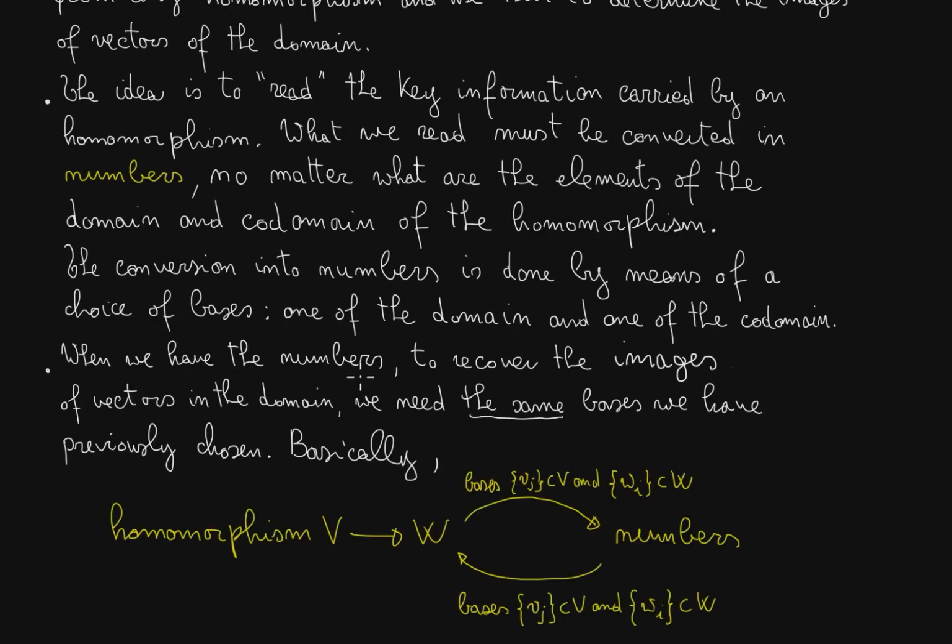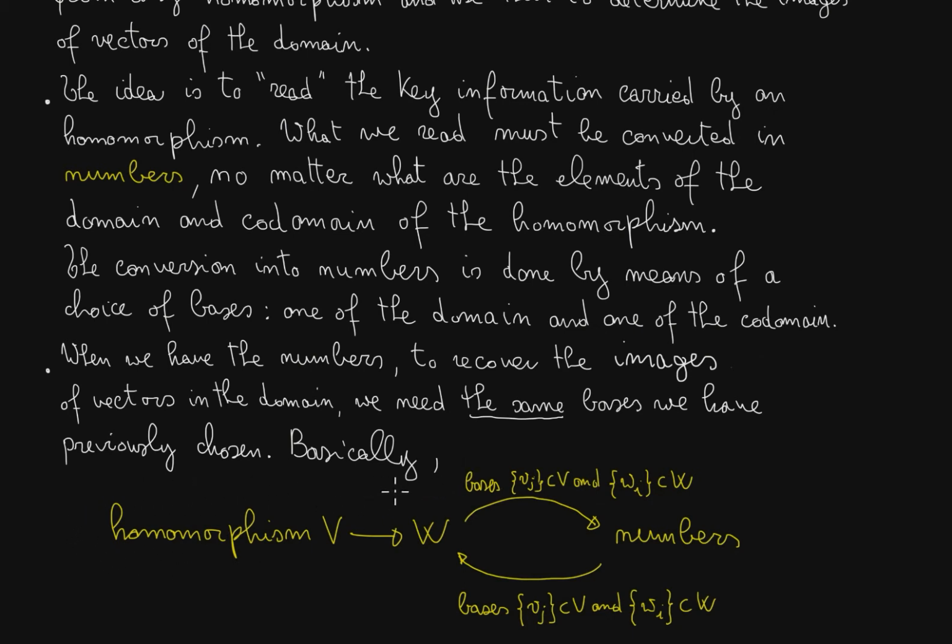When we have the numbers to recover the images of vectors in the domain, we need the same basis we have previously chosen. So let's sum up all this discussion in the following diagram.